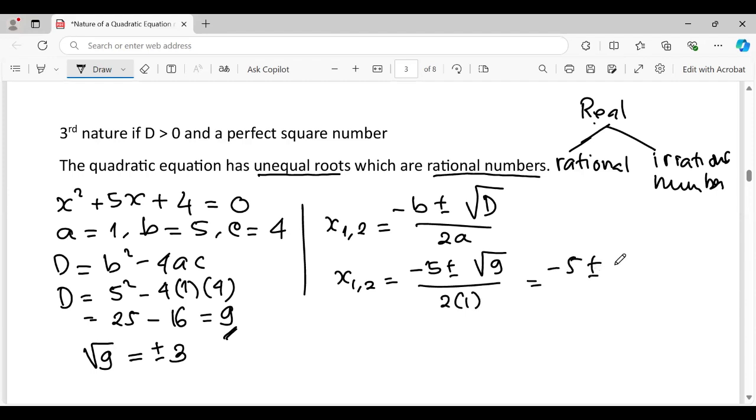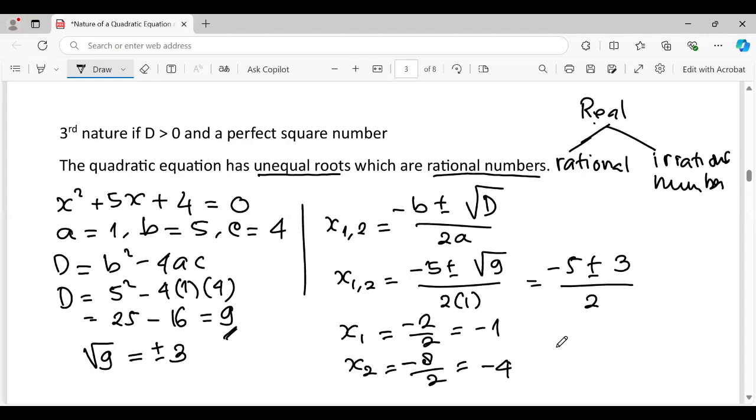It is minus 5 plus minus 3 over 2. So x1 equals minus 2 over 2, minus 1, and x2 equals minus 5 minus 3, minus 8 over 2, minus 4.